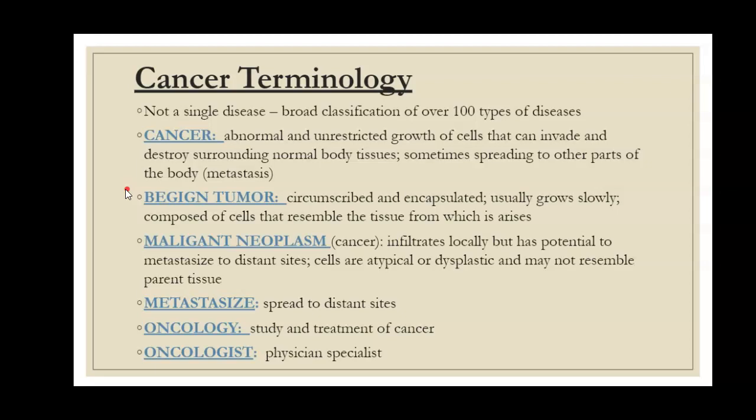They are atypical or dysplastic and may not resemble the parent tissue, so they turn into something of their own making. Metastasize means to spread to distant sites, starting out as breast cancer and then going to bone cancer or something like that. Oncology is the study and treatment of cancer, and an oncologist is a physician who specializes in the treatment of cancer.